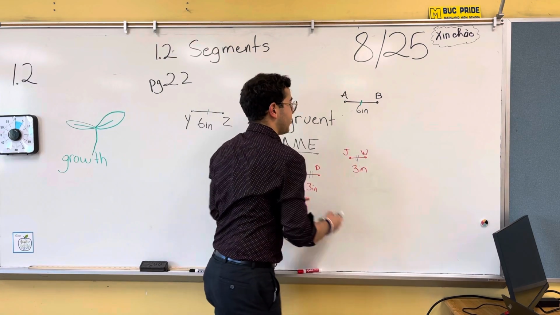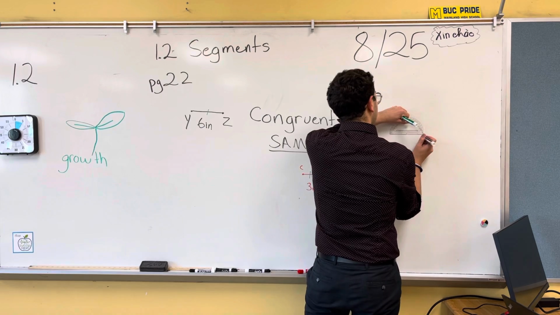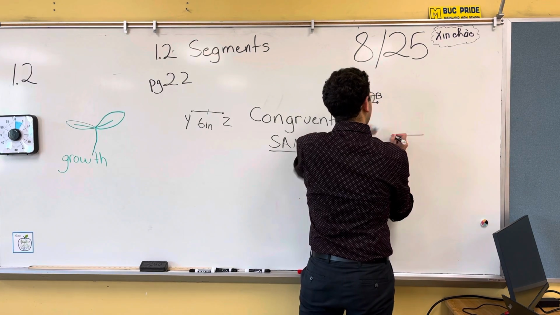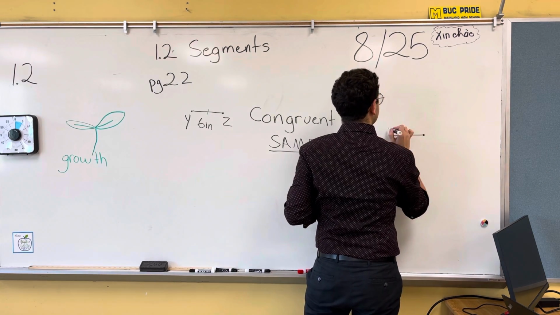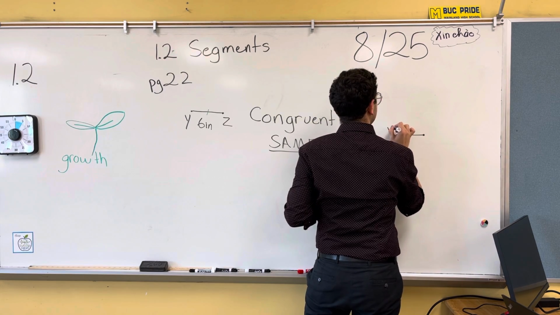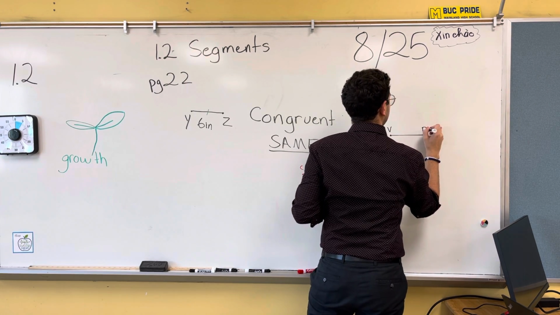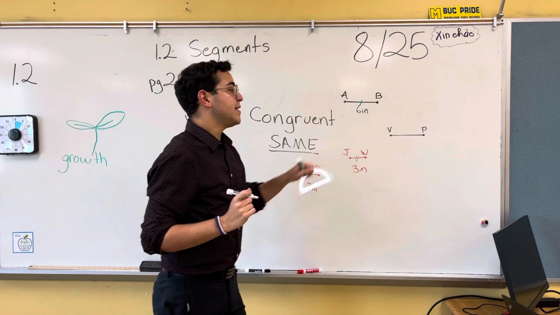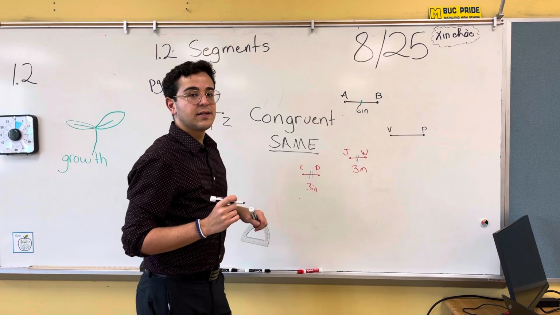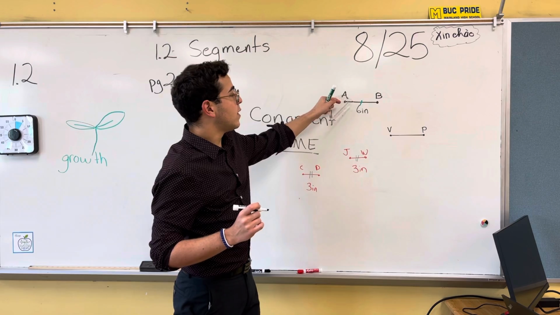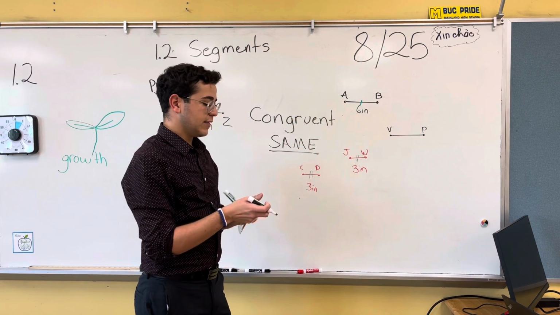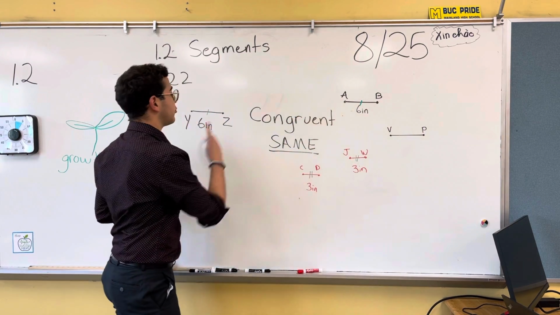So now I'm gonna draw one last segment that happens to be 6 inches. VP. VP is 6 inches. Will I mark it with 1 line or with 2 to make it congruent to the rest of the board?